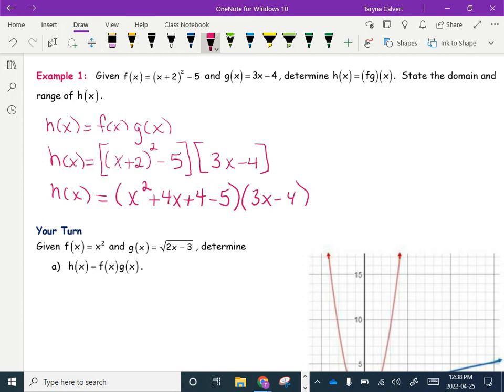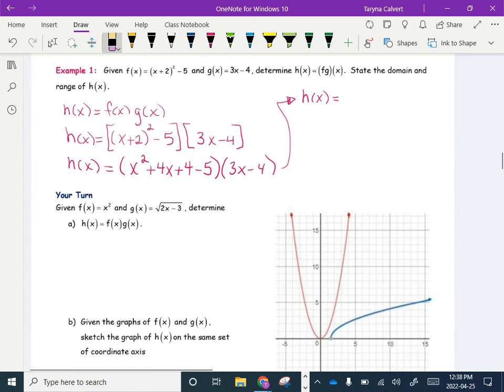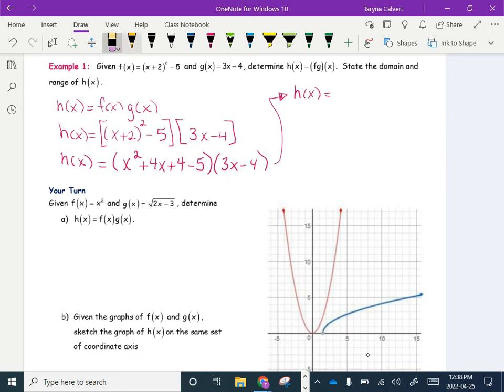You guys should be able to do that by now. And I keep going. So then I have... so go ahead and expand it. Don't look up till you're done.